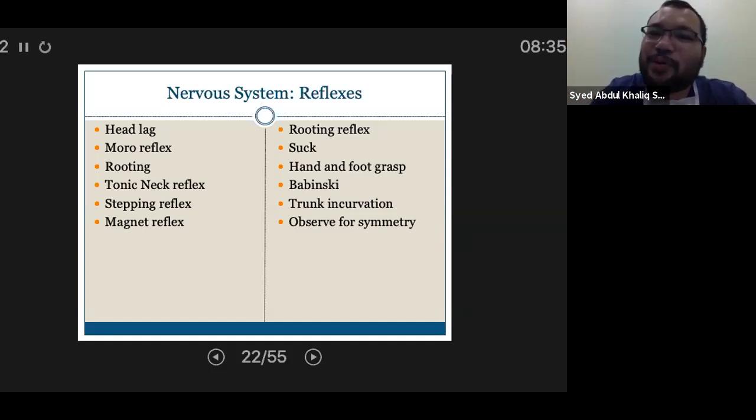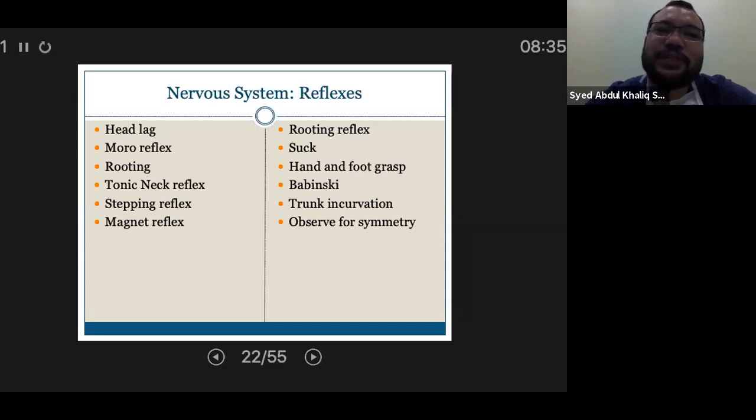Yang kedua, kalau ada Moro's reflex, you cannot sit, you cannot stand, you cannot everything because gerak sikit macam tu, gerak sikit macam tu. So it's difficult. That is why if there is still Moro's reflex by around 8 months, this is abnormal.